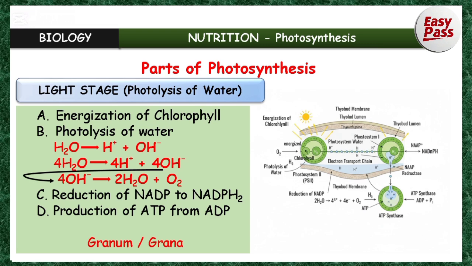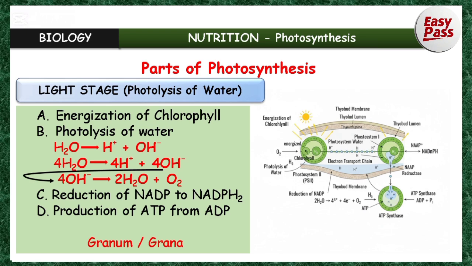Now, the photolysis of water is all about splitting of water into its constituent ions, and you have it as this simple reaction: H2O gives us H+, hydrogen ion, plus OH-, hydroxyl ion.